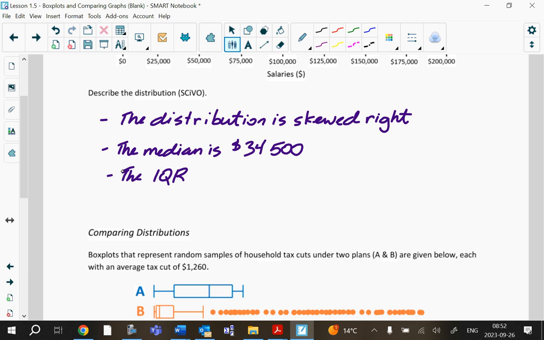We calculated it on the first page. Units and context of the problem. It was 7, but because it represents thousands of dollars, we have to say the IQR is $7,000. And outliers? There are 2 outliers.